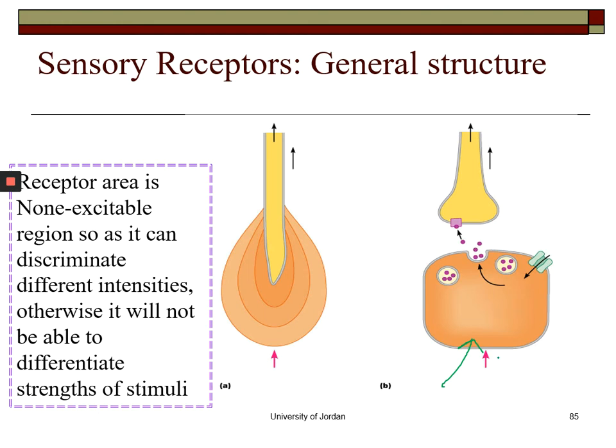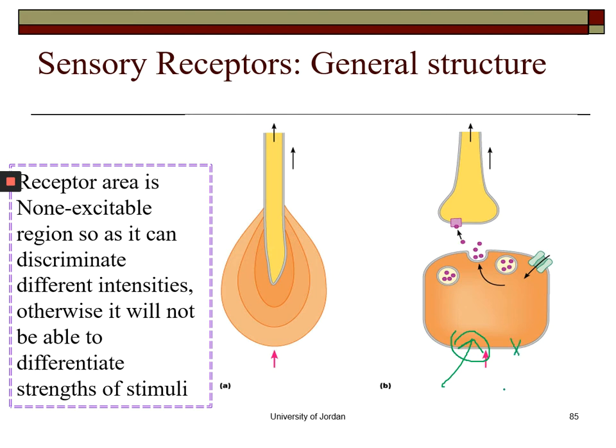The more channels are opened, the more the membrane potential becomes less negative. In this area, opening of stimulus-gated channels will change the membrane potential here.